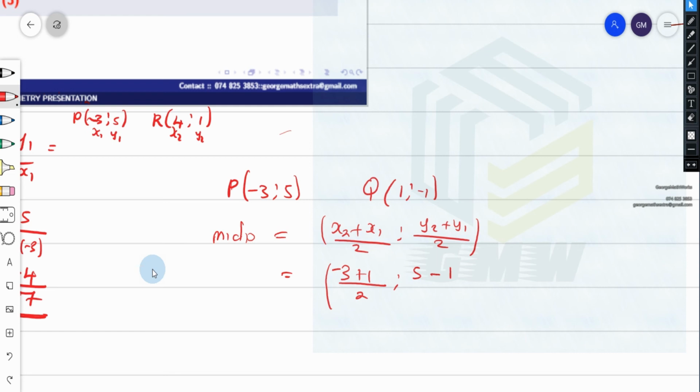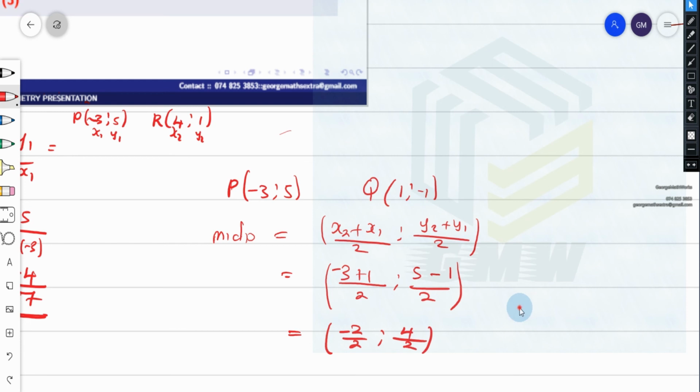Since it's positive in the formula, a positive and a negative here, I'll end up having a negative, then all over 2. Remember, it's a point, so my final answer should be in coordinate form. Minus 3 plus 1 gives me minus 2 over 2, then 5 minus 1 is 4 over 2.